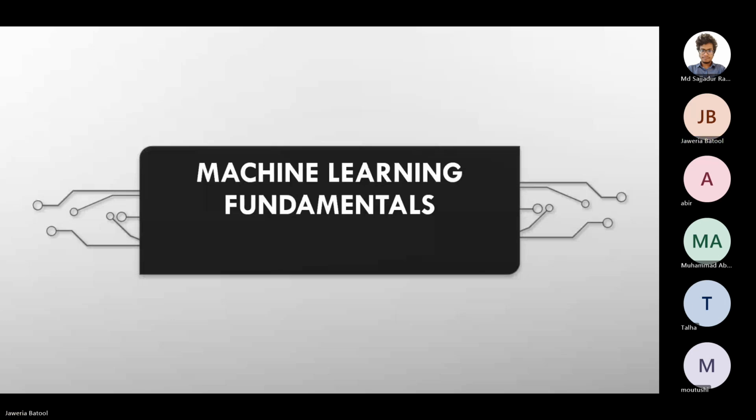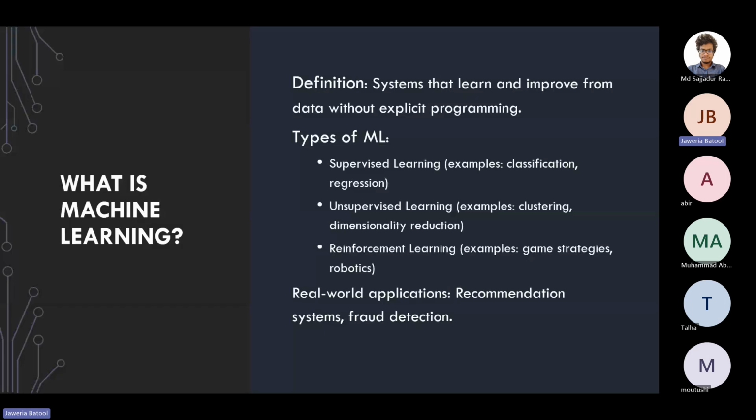The definition of machine learning is systems that learn and improve from data without explicit programming. In machine learning, we are feeding data to machines, and machines learn from that data.